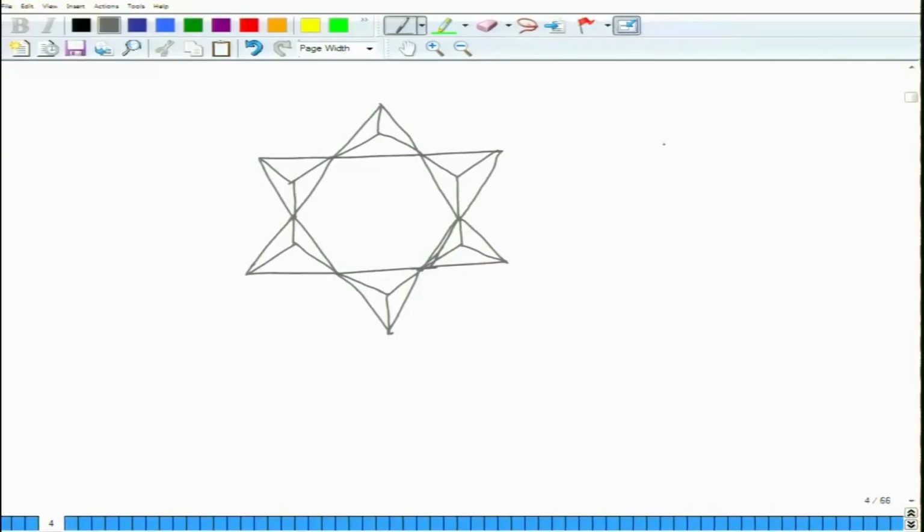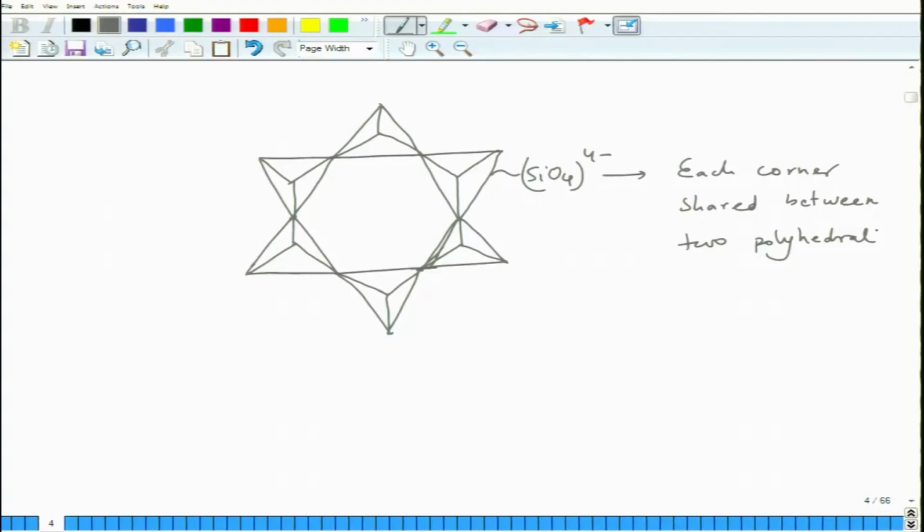So, what you will have is basically SiO4, with the 4 divided by 2, because each corner is shared between 2 polyhedra. What we see here is in the plane, but it is shared out of plane as well. The top of this polyhedron, for example, is going to be shared by the one above.